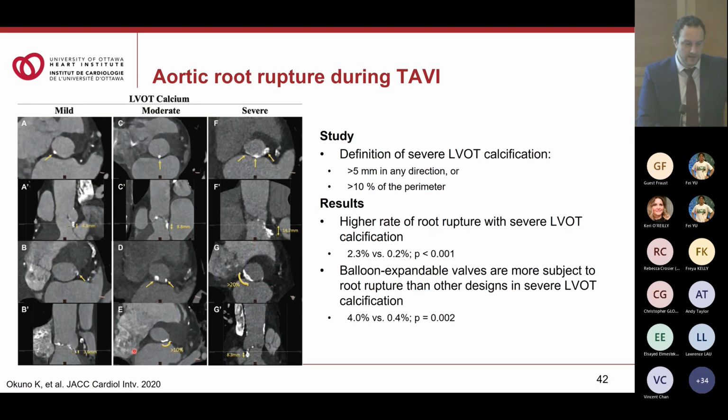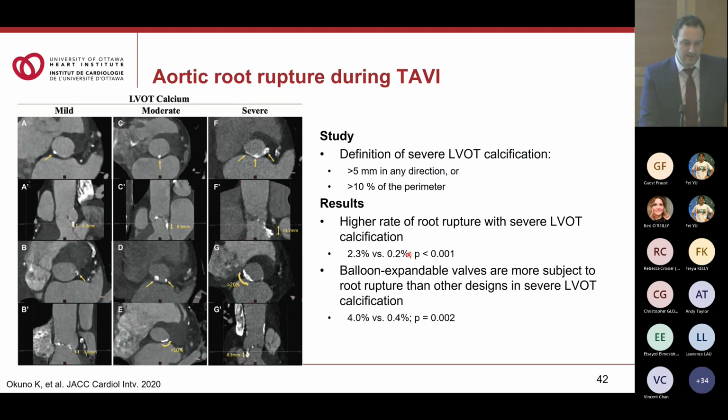More recently, in 2020, these authors really defined severe LVOT calcification based on the appearance of the calcium. So they look if there's more than 5 millimeters in any direction or more than 10% of the perimeter of the LVOT is affected. They define this as severe calcification.